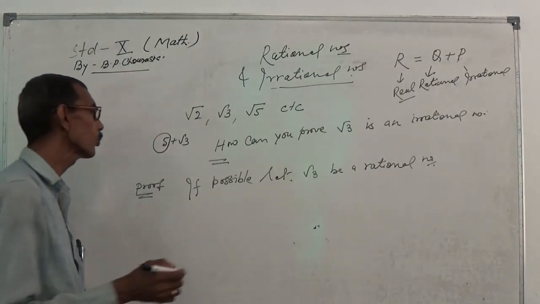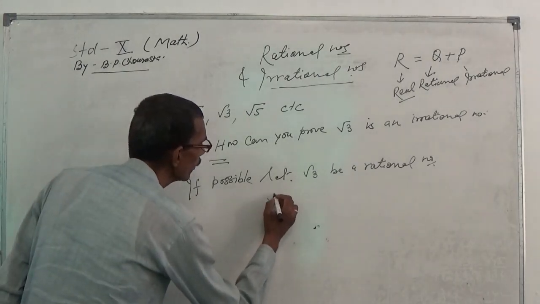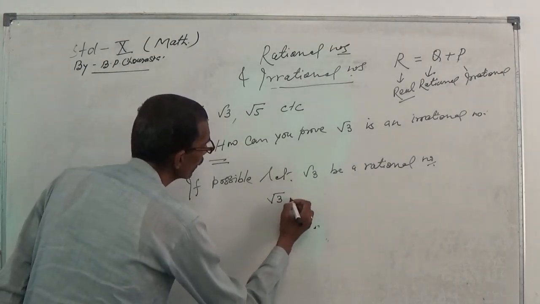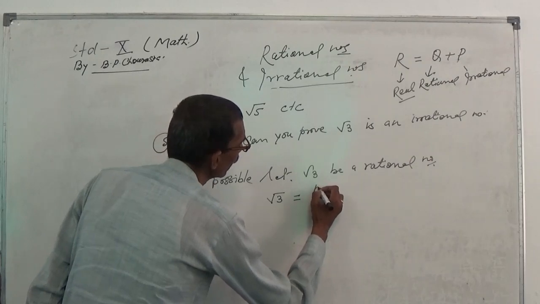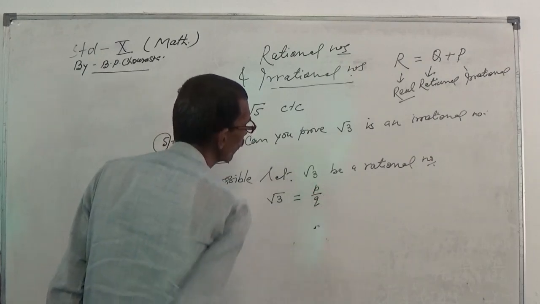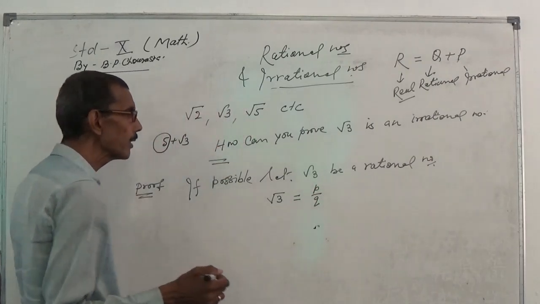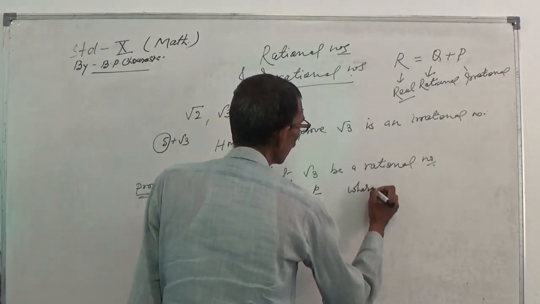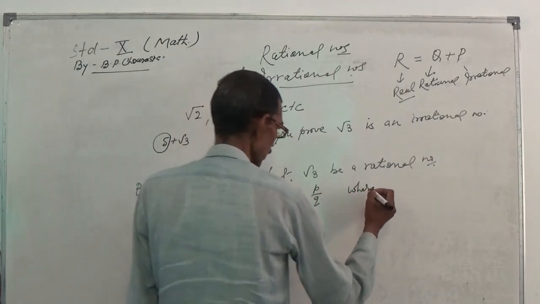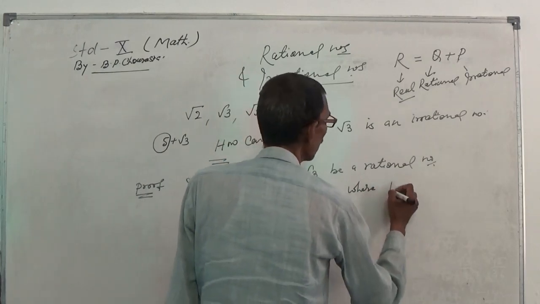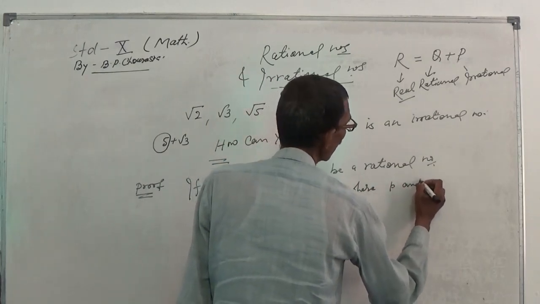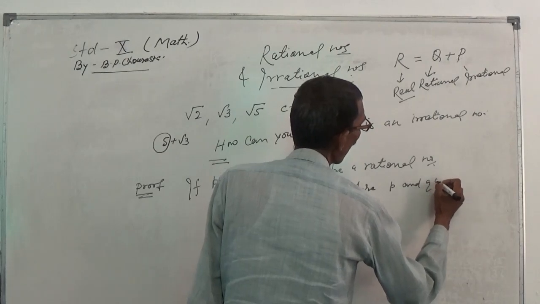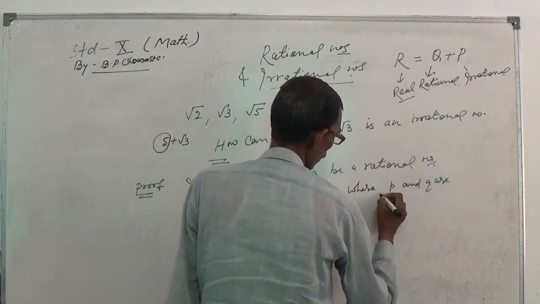Then you can write root 3 as p by q in the simplest form, where p and q are coprime.